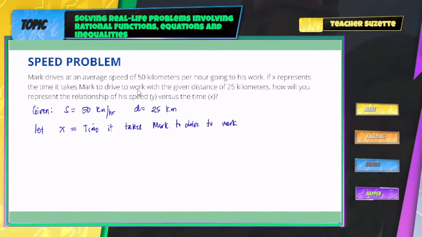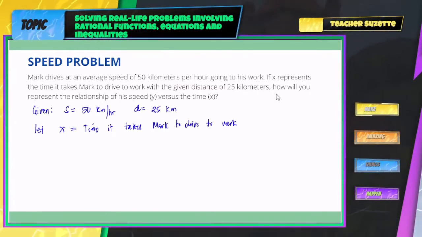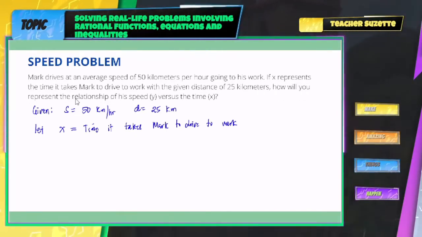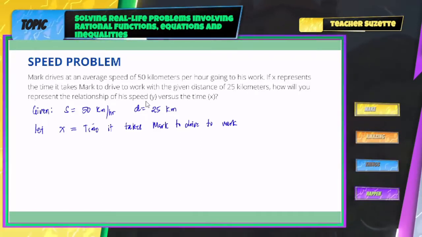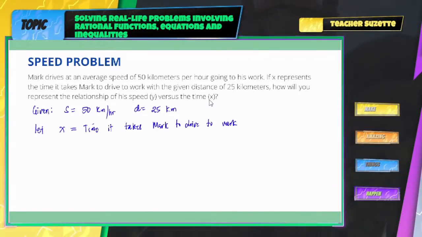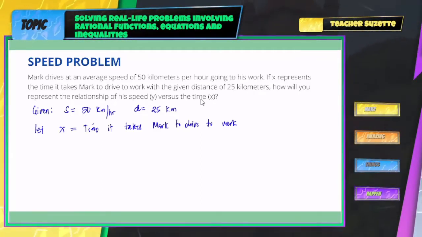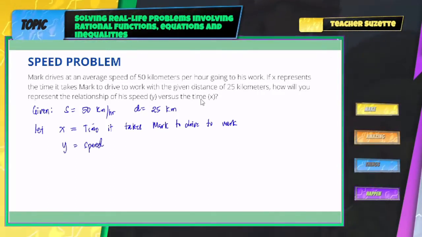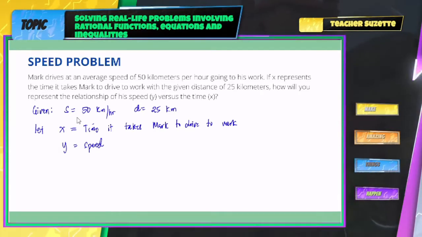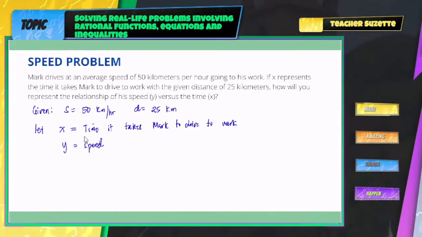And our problem also says that our speed is represented by y. So, x is the time, and y will be equal to our speed. So, we now have the unknown and known variables.